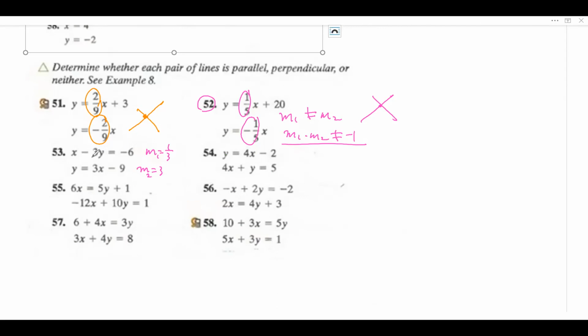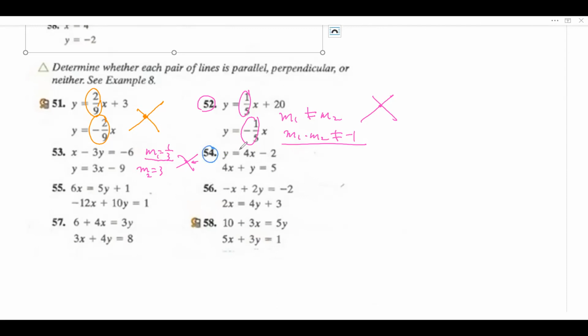This one, you can do a proper transform: 3y equals x plus 6, right? Divide both sides by 3, so the slope is 1/3. They are not equal to each other. The product of them is not equal to -1. So they are neither, right? They are not perpendicular, not parallel to each other. They just have a common point. All right, so let's move on.